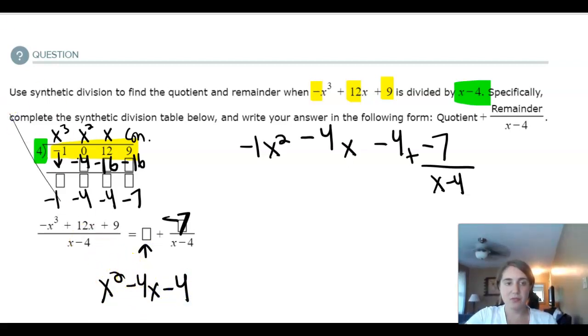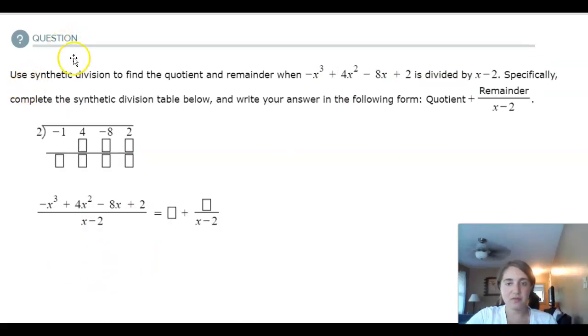We're gonna do one more together. I encourage you guys to try this last one on your own. So remember, these numbers will get you that.